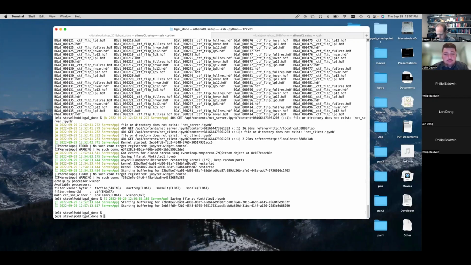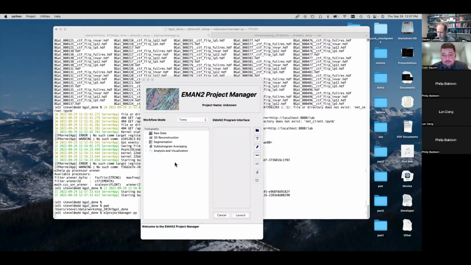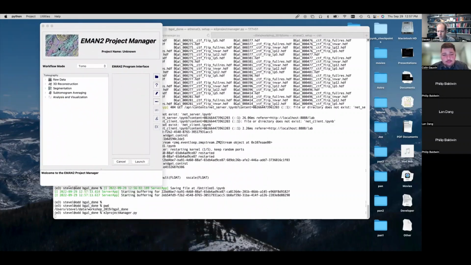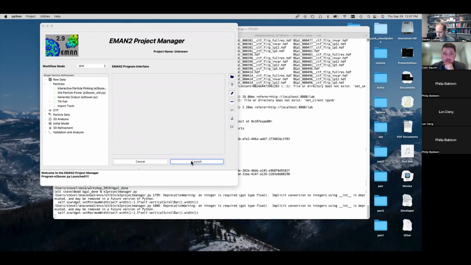For example, let me go back to this real quick. I'm going to run the interactive particle picking just quickly.